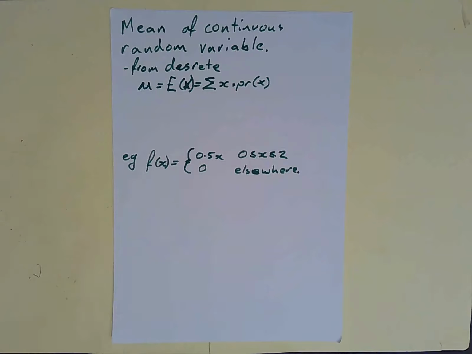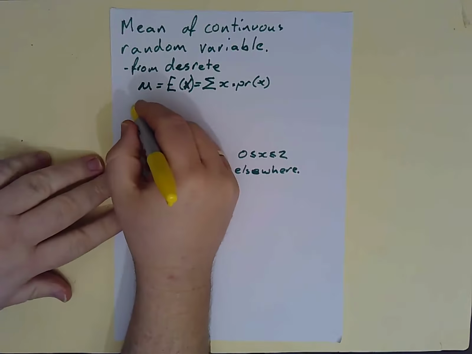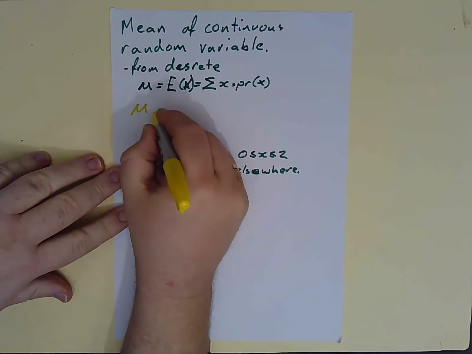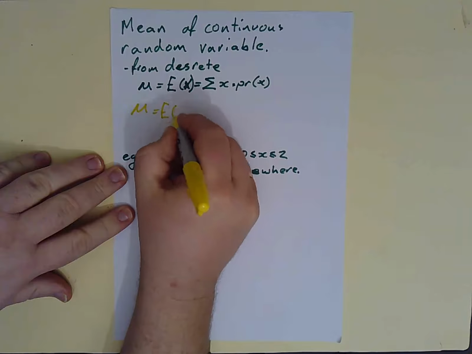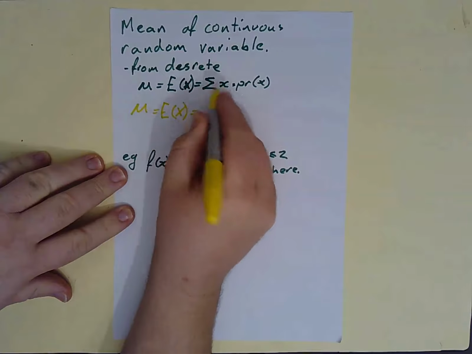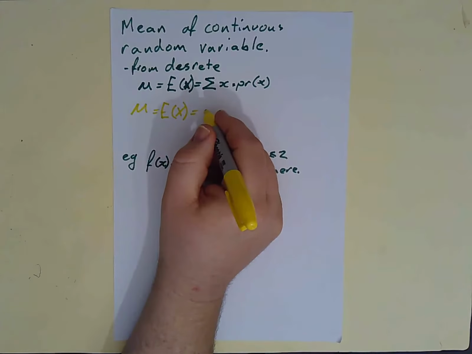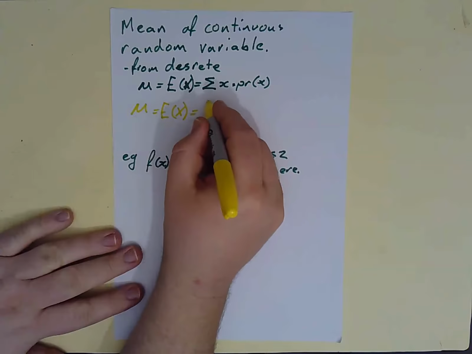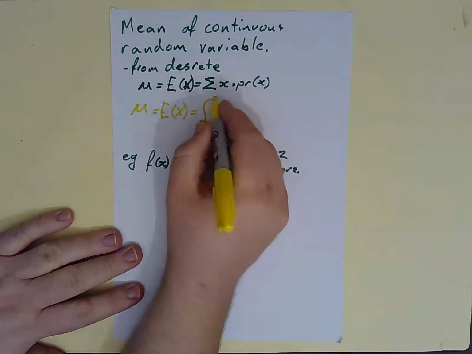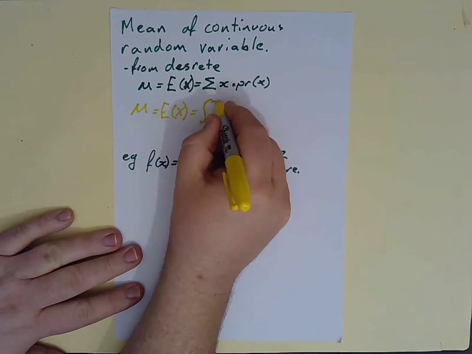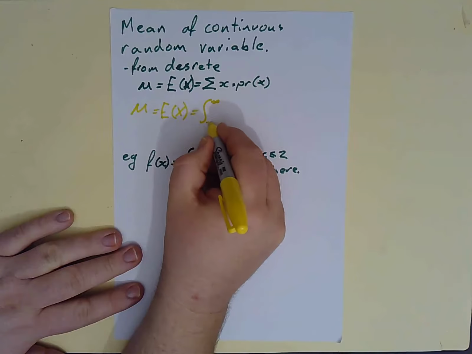And for continuous, very similar. Our mean, or again we can call it expected x. Now instead of having the sum, we're going to do the integral. And I'm going to put here from infinity to minus infinity.